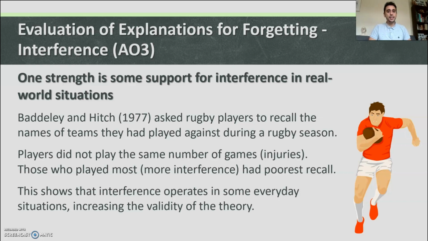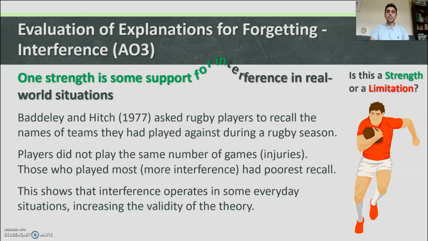Players did not play the same number of games because of their injuries and people on the bench. Those who played the most or had more interference had the poorest recall. So those that were actually on the field had the poorest recall. This shows that interference operates in some everyday situations, increasing the validity of the theory.